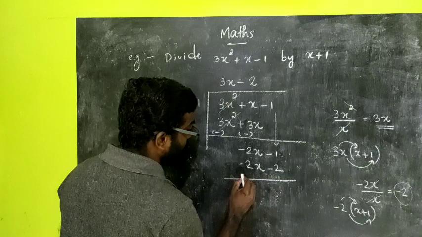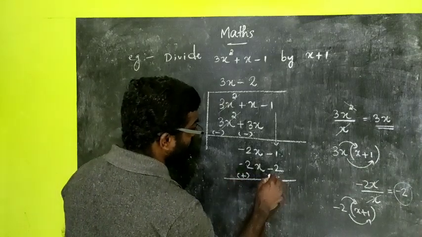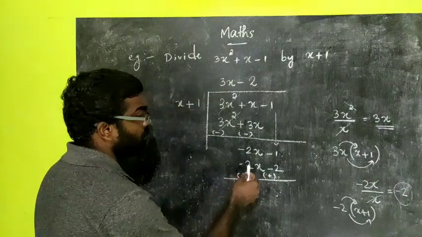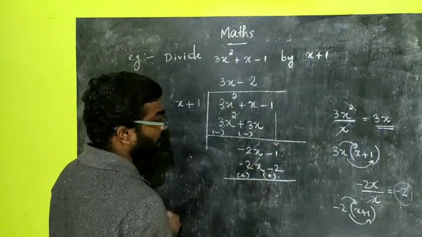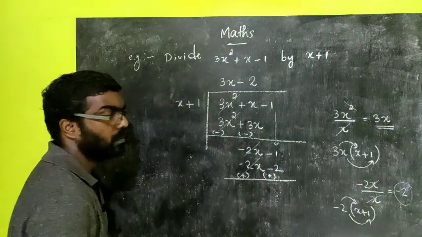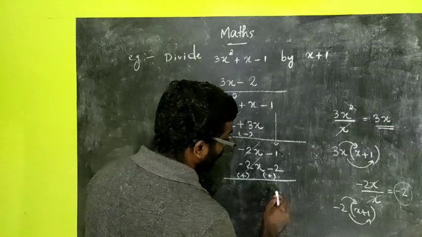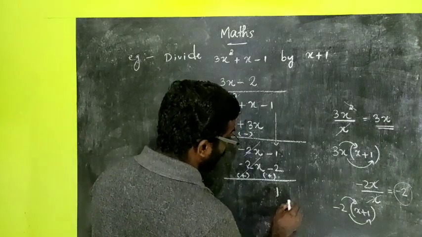Here we change the sign of the term: minus becomes plus, here also plus. Minus 2x and plus 2x we can cancel. Minus 1 plus 2. Minus 1 plus 2 is what? Plus 1.